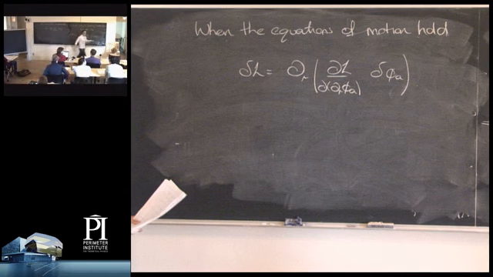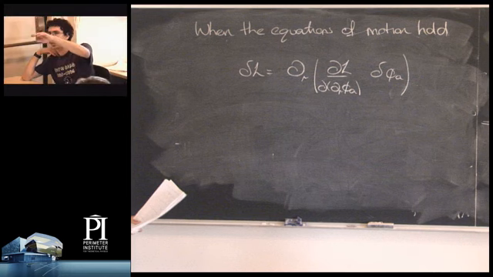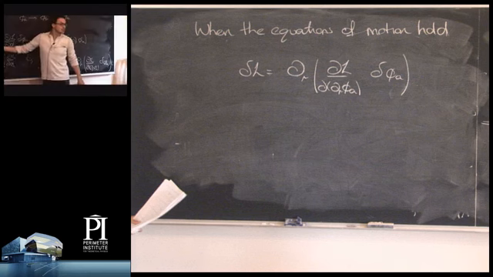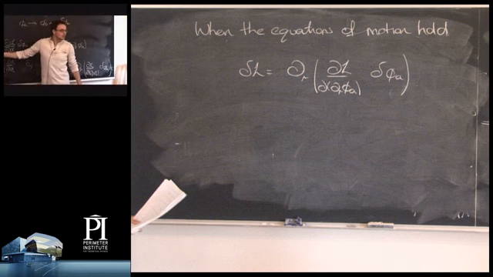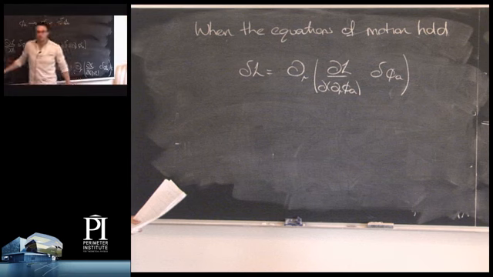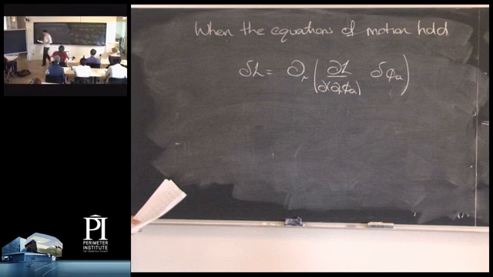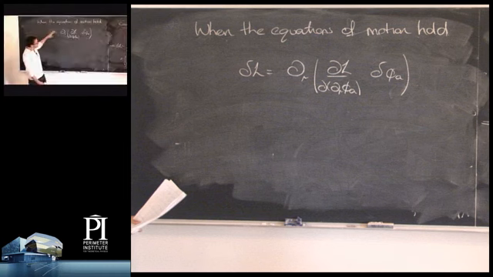Are we using script-L for the Lagrangian or for the total action? Script-L is the Lagrangian density. It's the thing that you integrate over all of space and time to get the action. So we have some field configuration. If that field configuration obeys the equations of motion, the Lagrangian density changes in the following way under any arbitrary transformation.